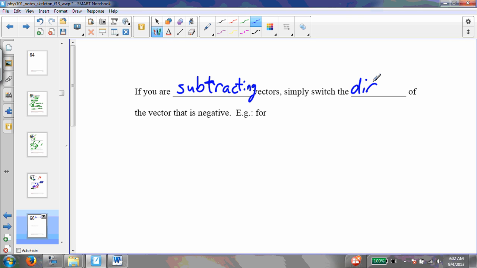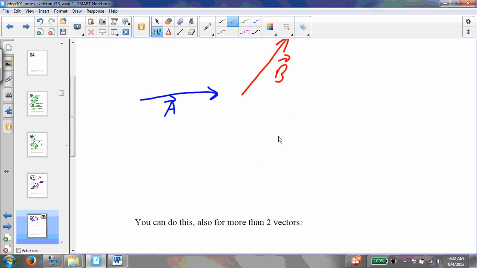So if I consider my two vectors, I had A and then I also had B. What if I want to know what is A minus B?